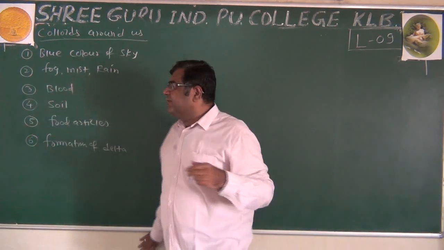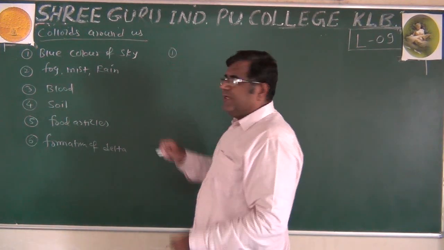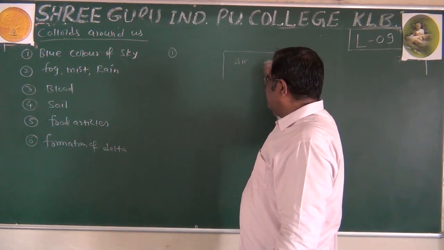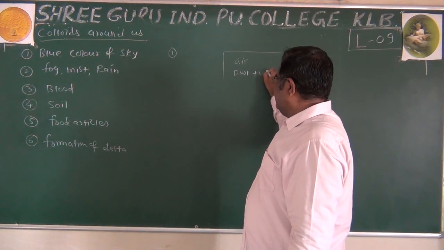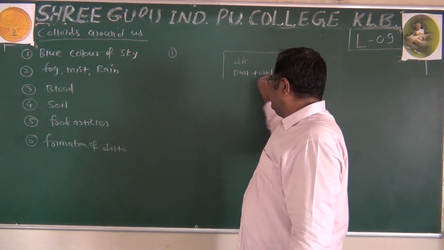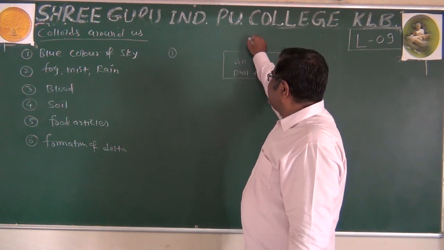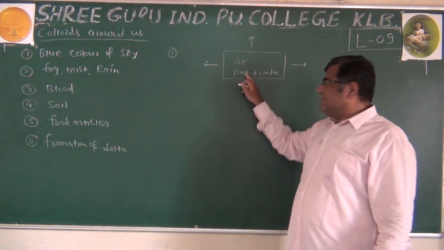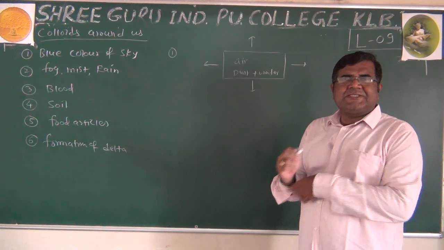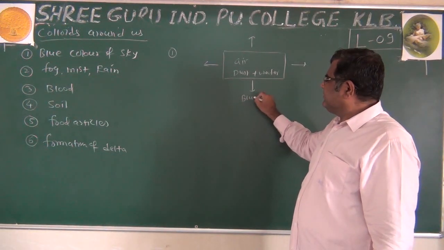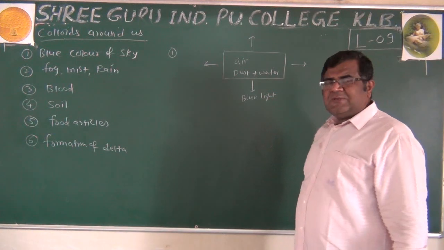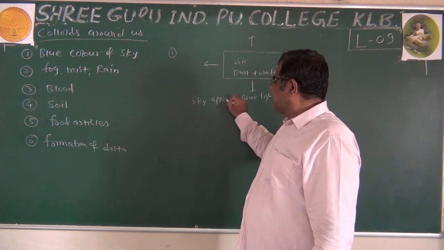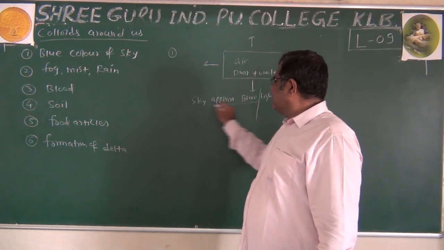For the first example, the blue color of the sky, we can say that the air which contains dust particles and the water vapors present in it scatters light because it is of colloidal nature. So dust particles present in air along with water scatter blue light, and that's why the sky appears blue in color.